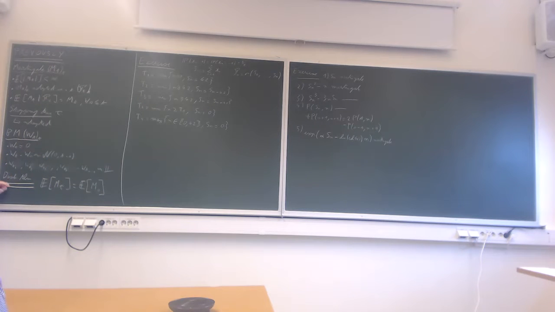And finally, we saw the Doob stopping theorem. That is, if you have a martingale under some assumptions, let's forget about them for today, and a stopping time tau, you can stop the martingale, and the expectation of this martingale at the stopped time is the expectation at the first time. We will practice that today.